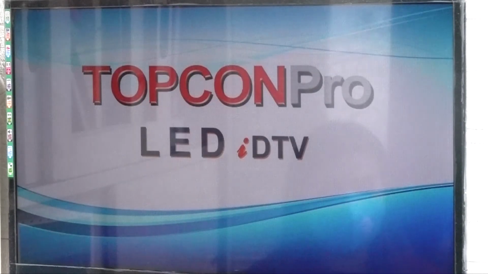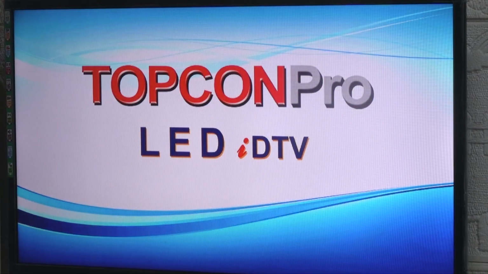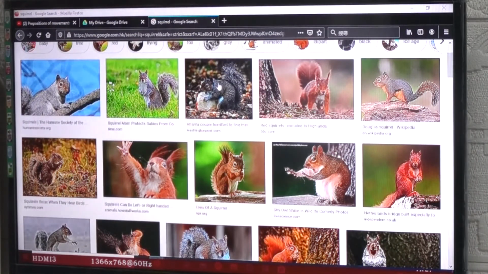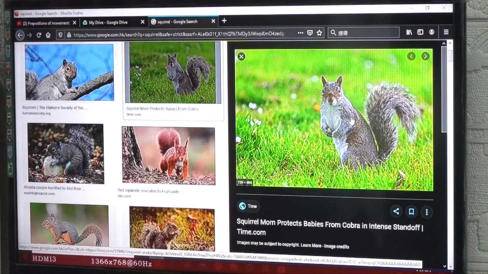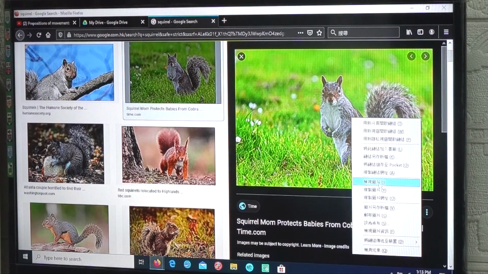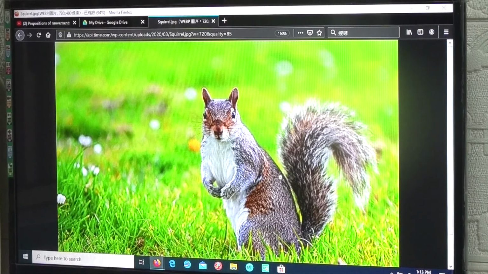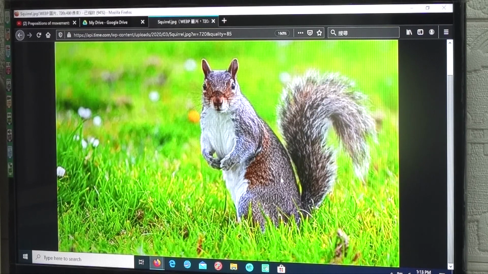You may say he shouted or he screamed very loud because he really wants a giant squirrel to come and play with him, right? So squirrel is this cute little animal. Here is the squirrel. All right, squirrel. Okay, this is squirrel.